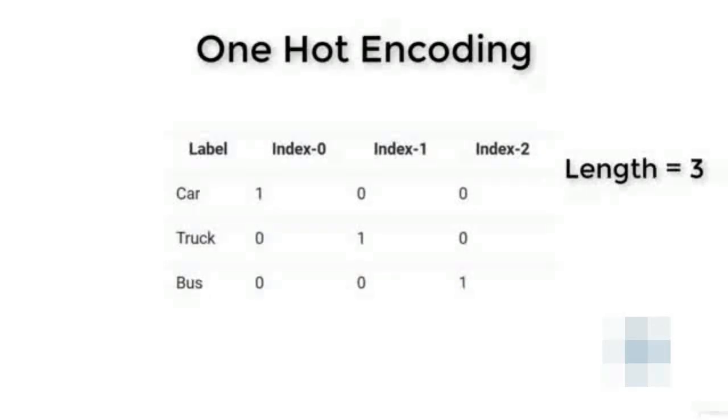Sticking with the same example, recall we said that a car corresponds to the first element, truck to the second, and bus to the third. So the corresponding one-hot encoded vectors for each of these categories would look like this. For car, we see that the first element is a 1 and the next 2 elements are 0.